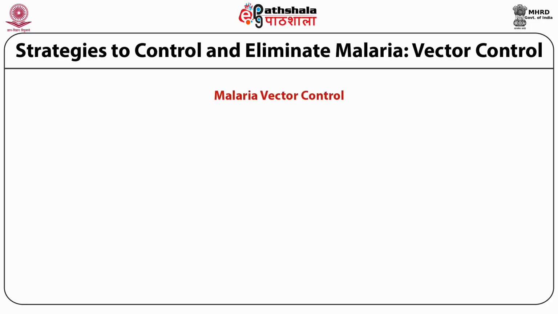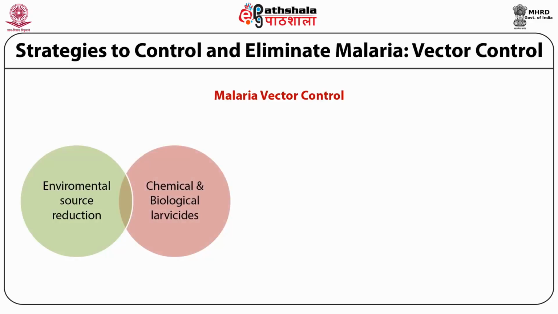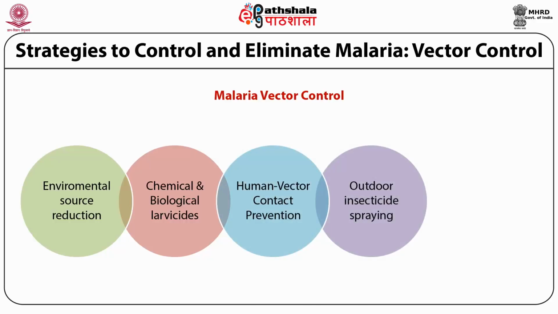Further, malaria vector control measures have been shown in this pictorial representation, which includes environmental source reduction, chemical and biological larvicide control, human vector contact prevention, outdoor insecticide spraying, and indoor residual spraying. So all these form a major part of malaria vector control strategies.